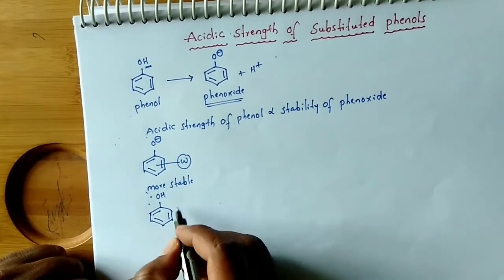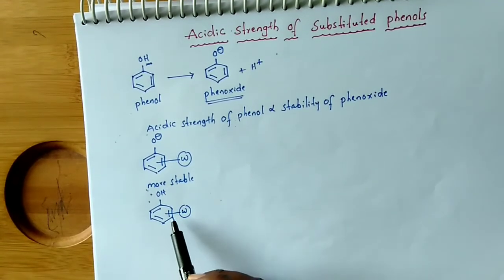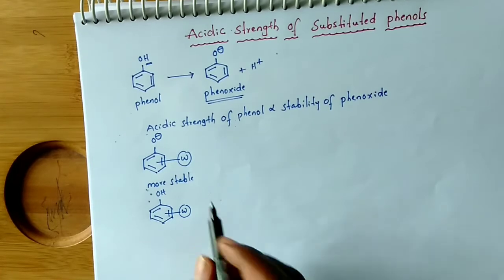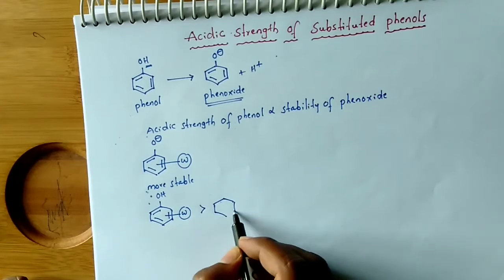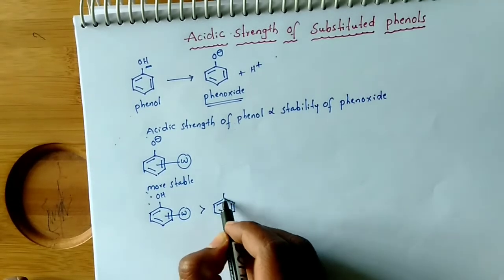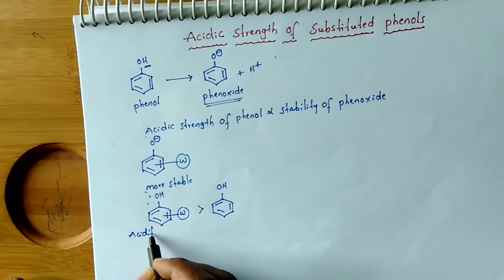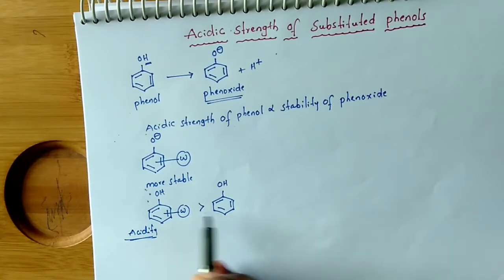This is phenol with an electron withdrawing group, at ortho position or meta position or para position. So this is more acidic than normal phenol. This is the acidic strength order. So when an electron withdrawing group is present on the phenol, it is more acidic than normal phenol.